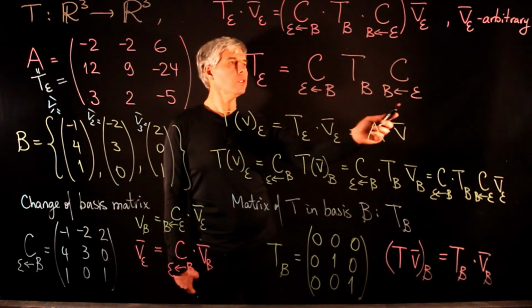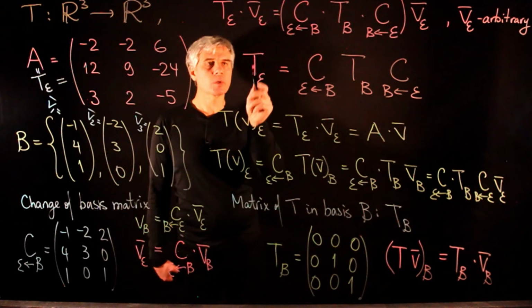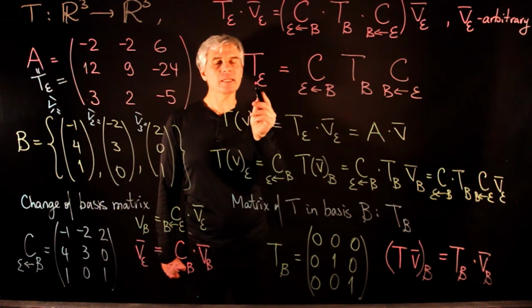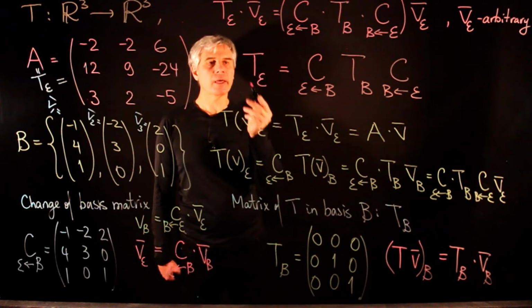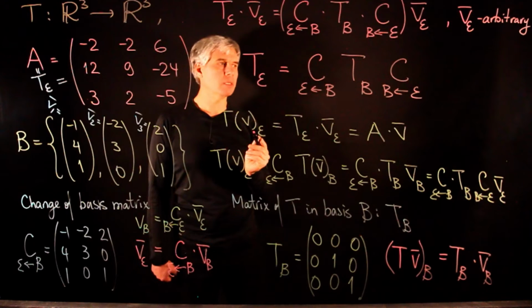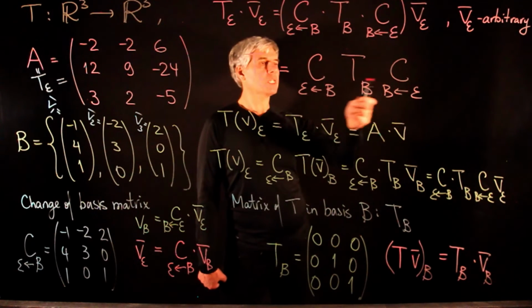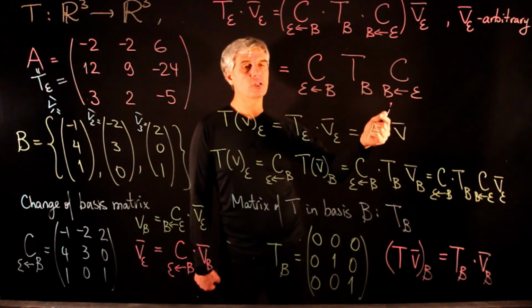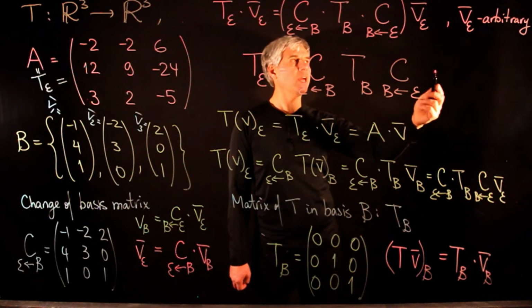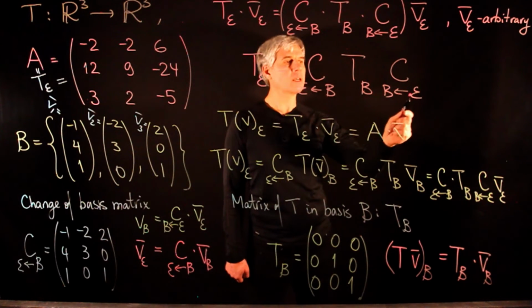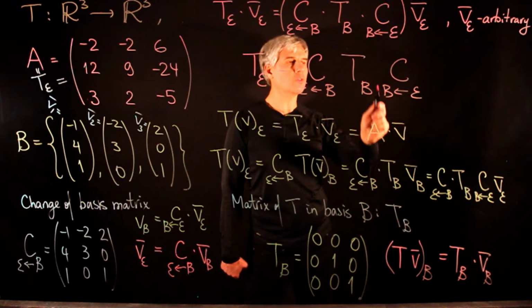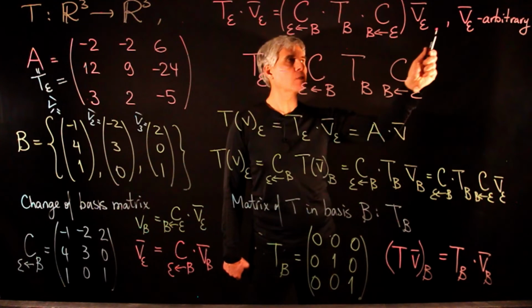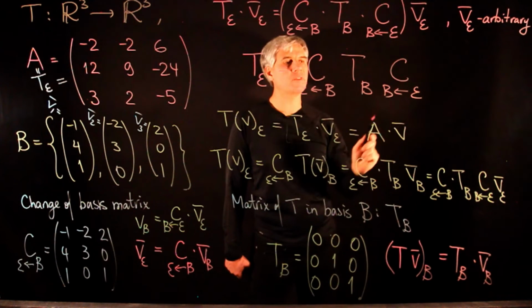Now, this equality actually makes perfect sense. The matrix T_E tells us how to apply operator T in the standard basis. But now this gives us a slightly more complicated procedure. If we start with any vector v in the standard basis, multiplying by this change of basis matrix, we obtain the B coordinates of this vector.